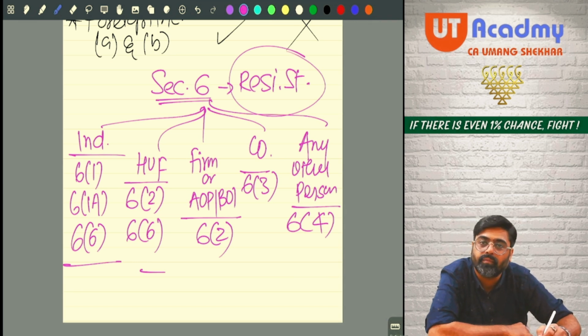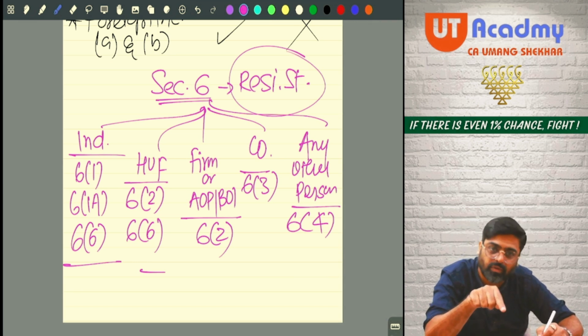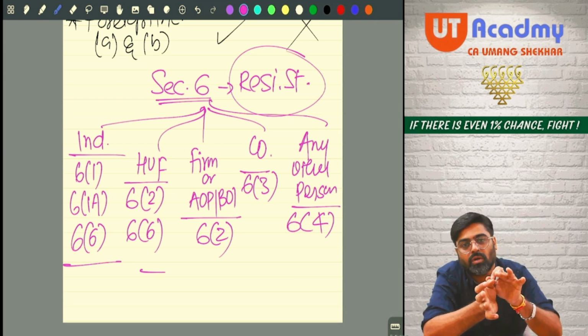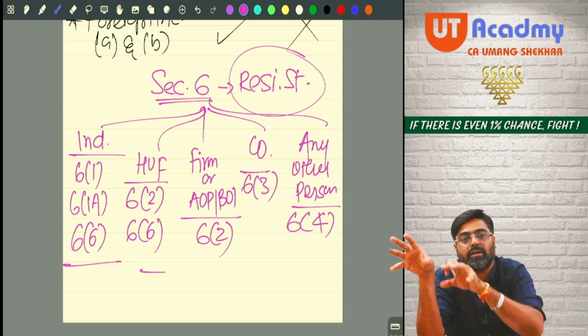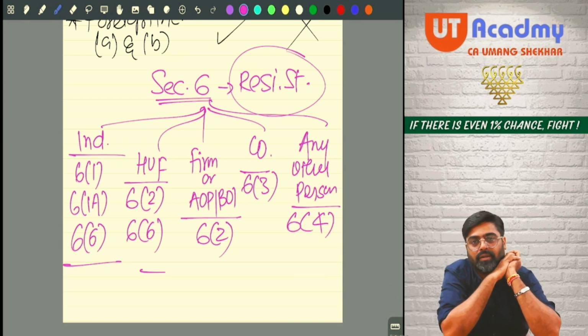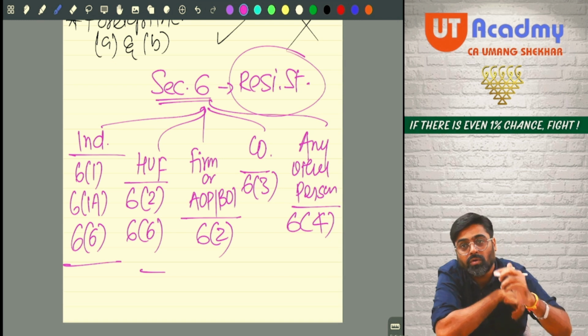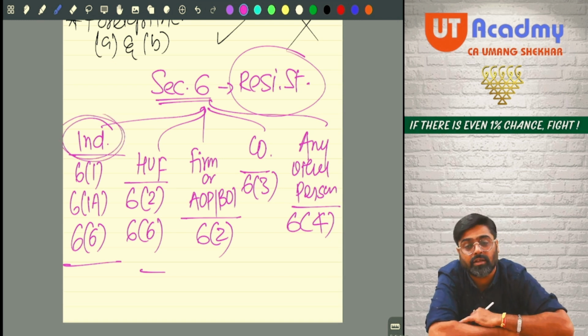Getting my point? Under section 6 only, there are different clauses. Under each clause, it is written how to determine the residential status of this particular assessee. So first I will go and check 6 clause 1, clause 1A, clause 6, yes or no. I will come to know how to determine the residential status of an individual.